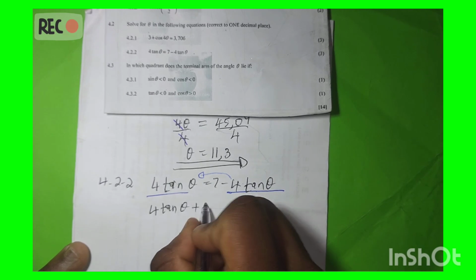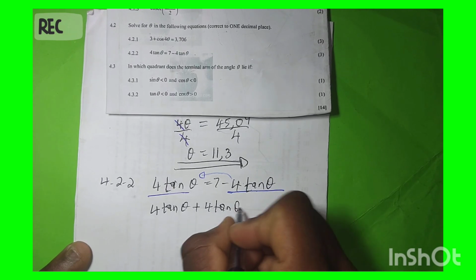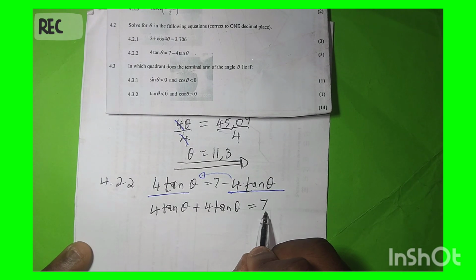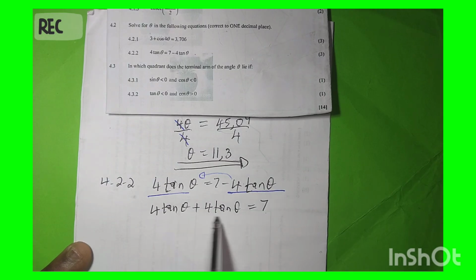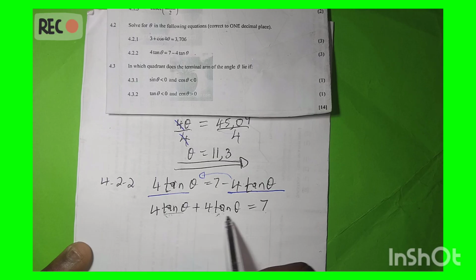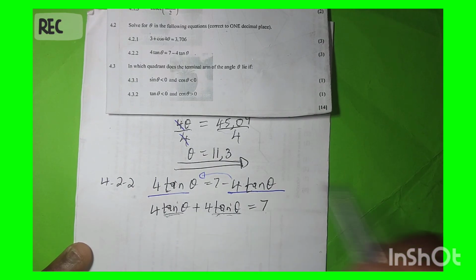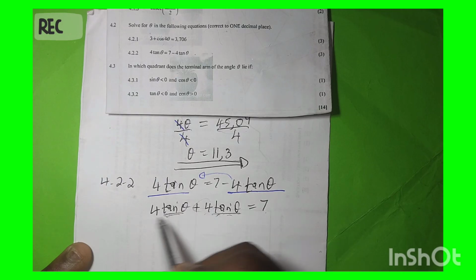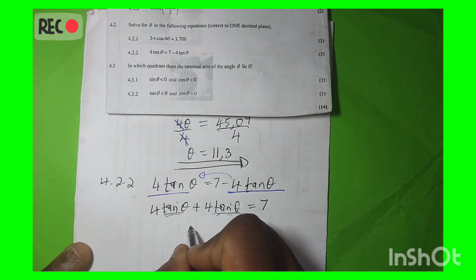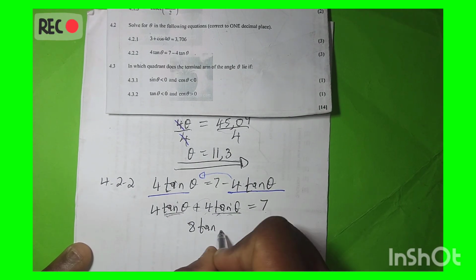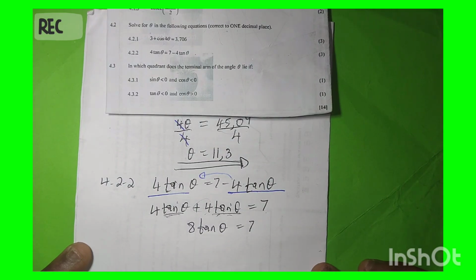This will become positive 4 tan theta. Here we'll only be left with 7. So these two things, guys, are like terms, because they have the same base, as you can see, and the same exponent, which is an invisible 1, meaning that you can collect the coefficients, which will be 8 tan theta, and here it's 7.